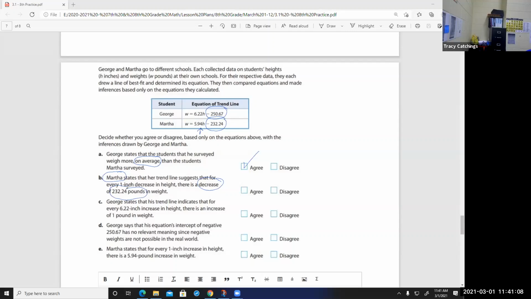All right, let's try it out. Give us some numbers for, wait. All right, so do 5.94 times 300 and then take away 232.24. All right, take away 232.24.